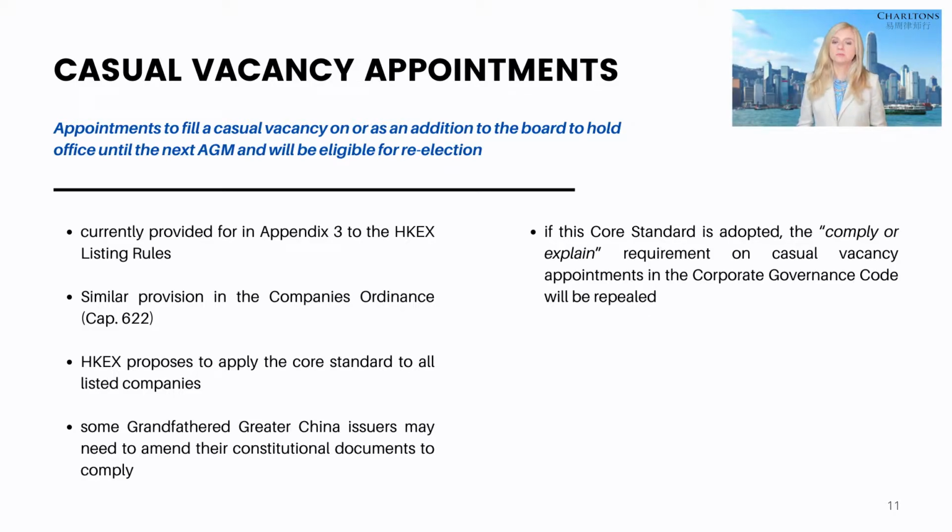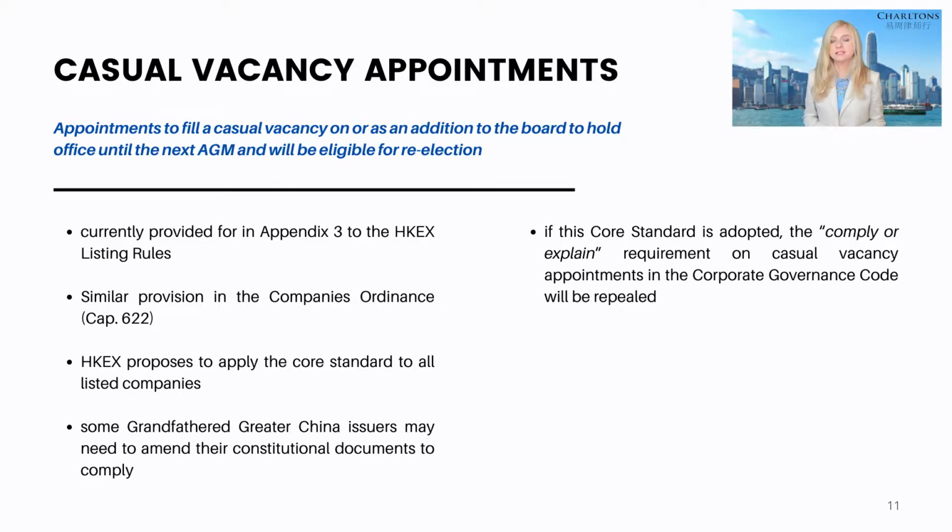The consultation paper notes that a minority of grandfathered Greater China companies may need to amend their constitutional documents to comply with this standard. In the case of grandfathered Greater China companies and non-Greater China companies with non-compliant weighted voting rights structures allowed under the Hong Kong Exchange's listing rules, the permitted weighted voting rights structure may allow weighted voting right holders to appoint directors.